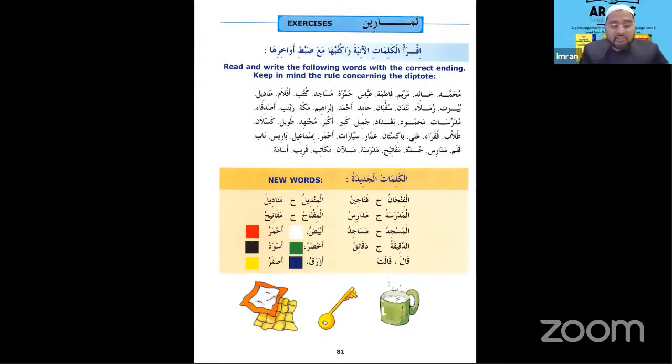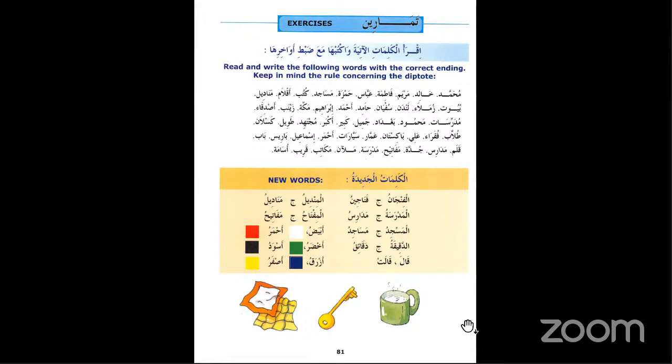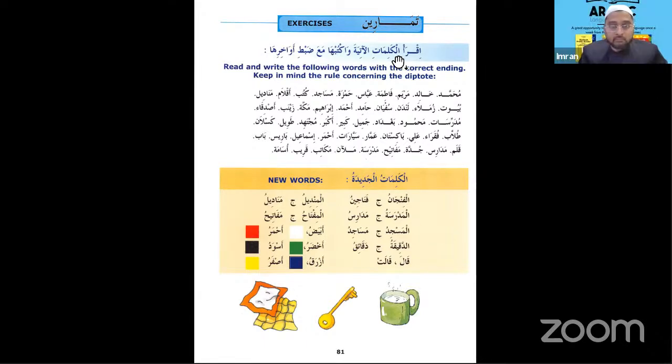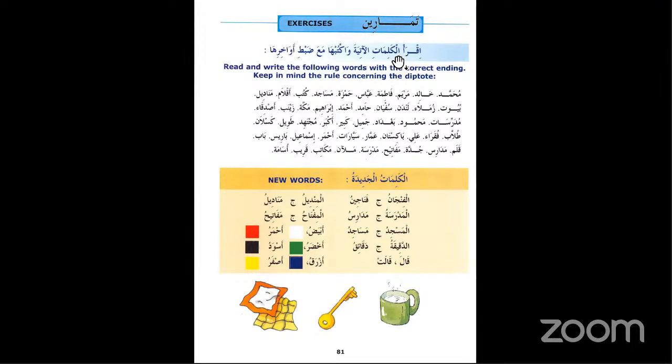So here, jadidan is a non-diptote word. It receives a fatha tanween. Is that clear for everyone so far? Yes. Yes, thank you. Okay, brilliant.